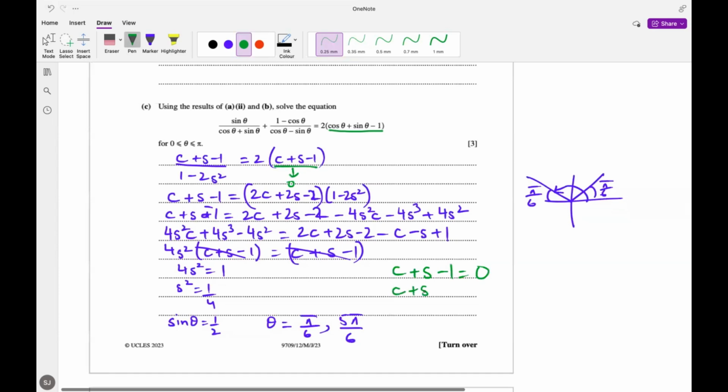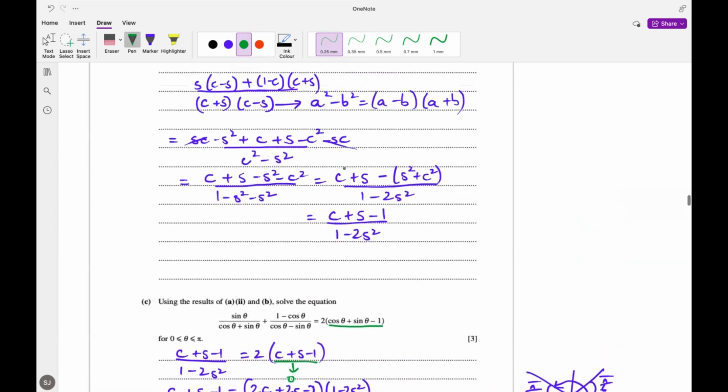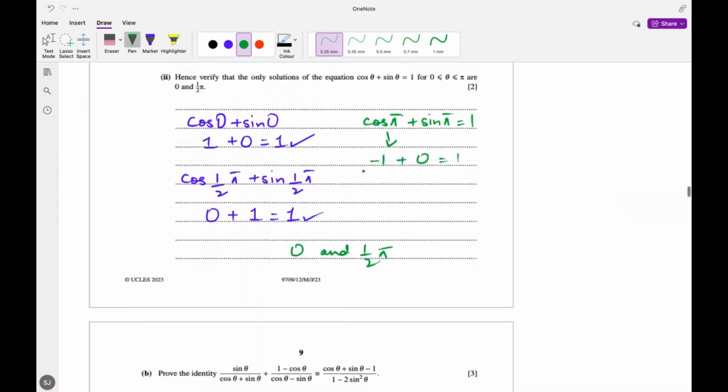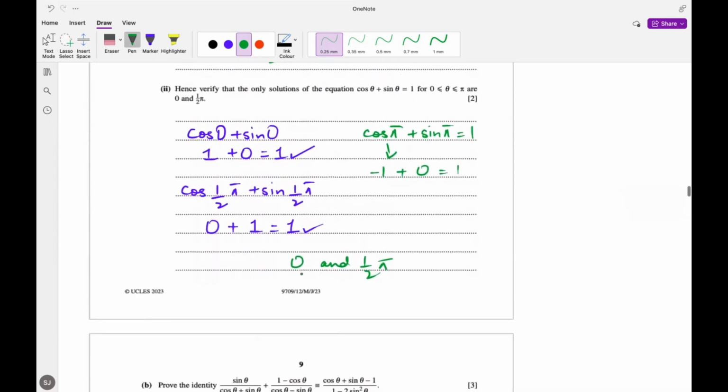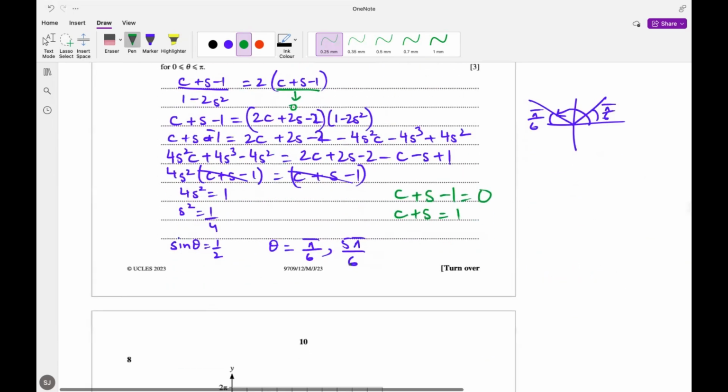So cos + sin would have been equal to 1. From the previous part, we know that the solutions for cos + sin equals 1 are 0 and half pi. So we'll add the two solutions as well, which are 0 and 1 upon 2 pi. So theta will have four solutions: pi upon 6, 5 pi upon 6, 0, and 1 upon 2 pi.